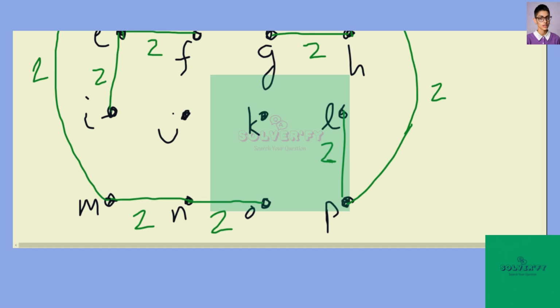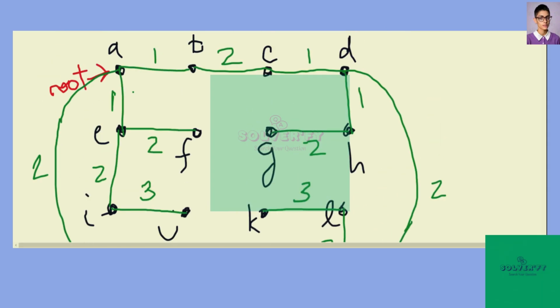Now we know that if we add IJ, we don't obtain a circuit, so this is valid. And let's add the edge KL. If we add the edge KL, we see that we don't obtain a circuit, so this is valid. And so now we have a connected graph. So the algorithm terminates.